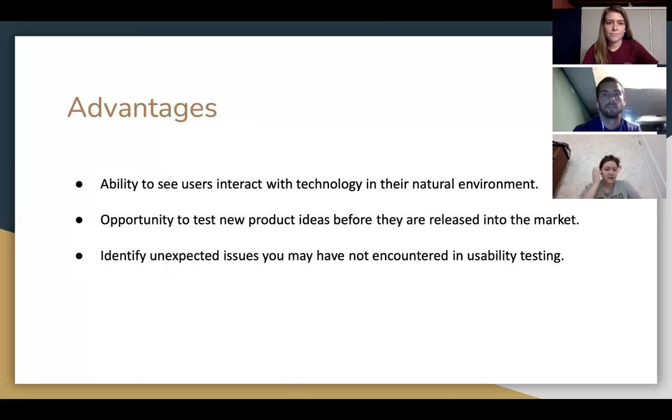Some advantages of ethnographic study are the ability to see users interact with technology in their natural environment, or just the ability to see users interact in their natural environment.